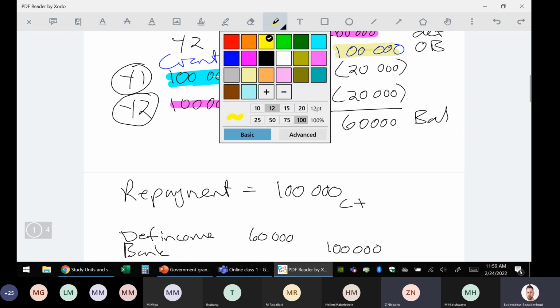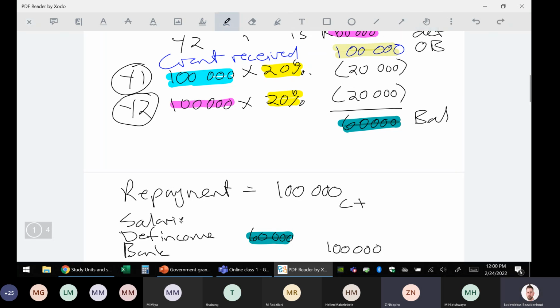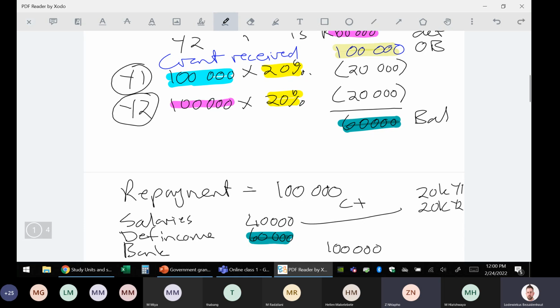We've got the yellow already. Let me use that one. And we will say debit salaries for the 40,000. And that 40,000 is made up of the 20K in year 1 and the 20K in year 2 that we've already taken off our expenses in the previous 2 years.